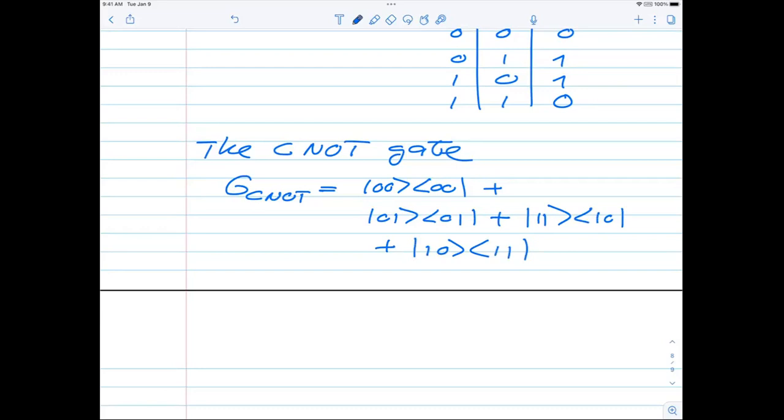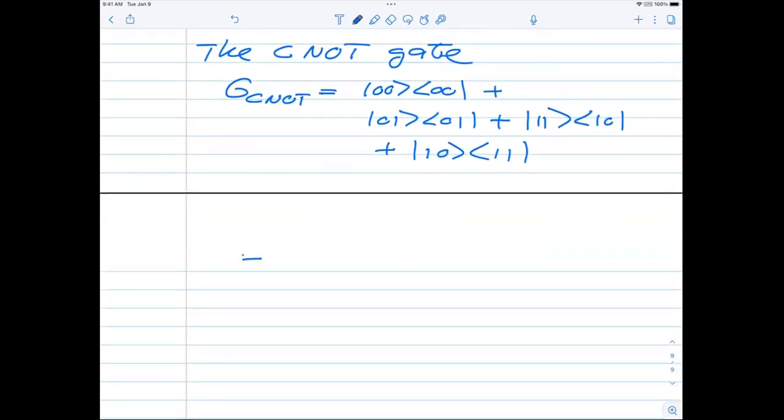If we now look at how this matrix is going to look, when we perform the outer products, we get a gate which looks like 1, 0, 0, 0, 0, 1, 0, 0, and then 0, lots of zeros here, 1, and then 0, 1, 0 here.